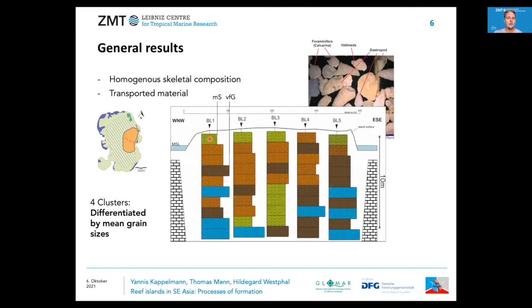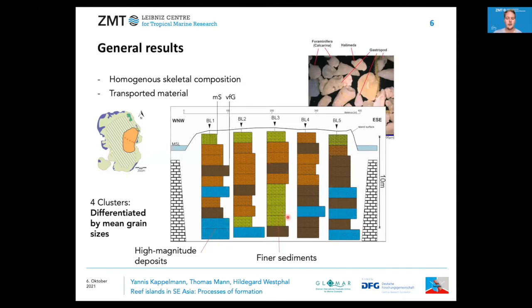The rectangle width here is indicated for the mean grain sizes of the respective samples. When we take a look at the spatial distribution here, we can see that there are very coarse deposits, especially in the west as well as in the east, in the lower sections. These are interpreted to originate from high magnitude events.